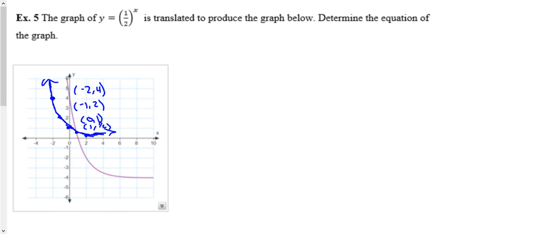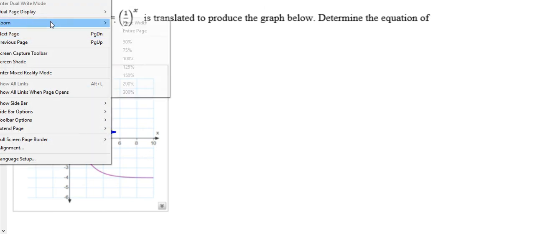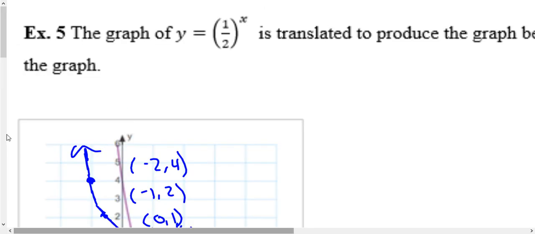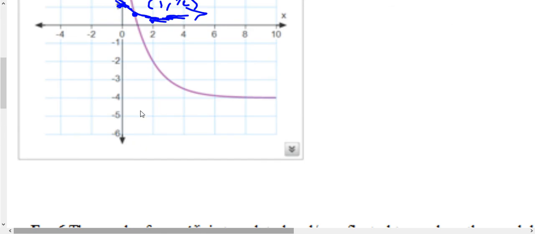In our new graph, if I just zoom in here, let's take a look at which coordinates we can see. So we have a coordinate right around here, right here, and right here. So these coordinates are the following: 2, -2, 3, -3, and at 4 that looks to be at -3.5.